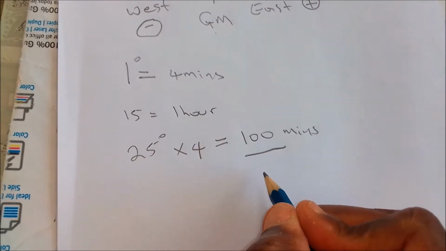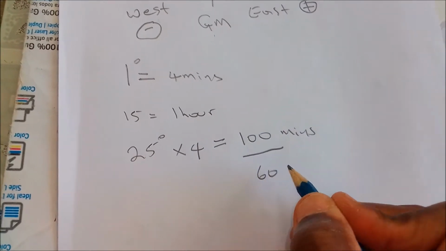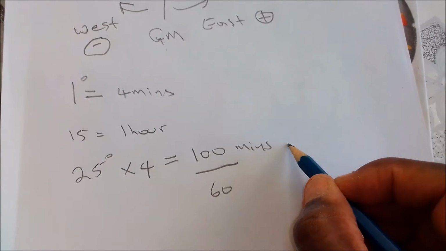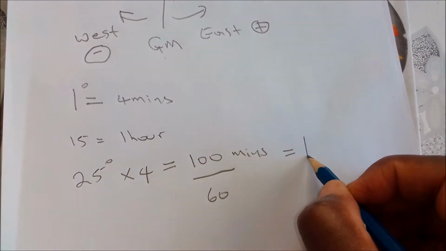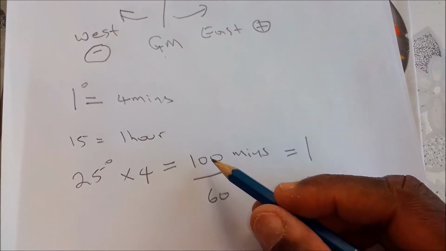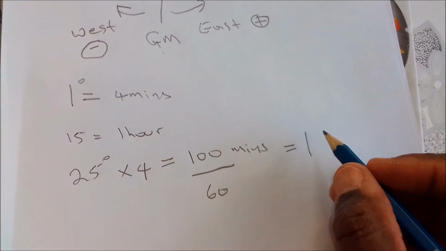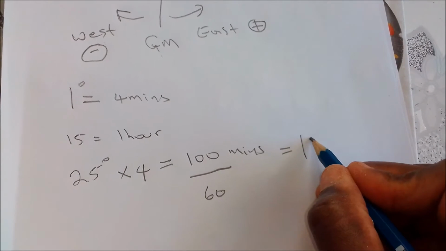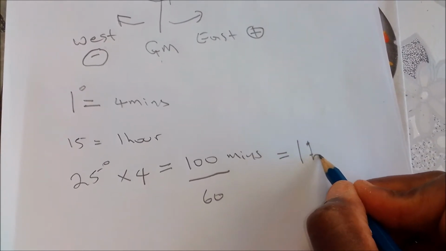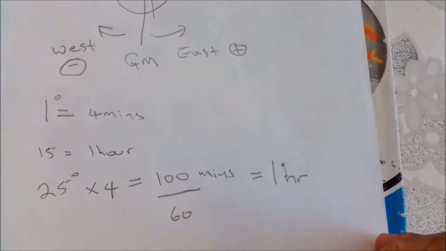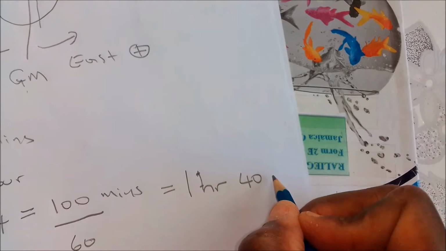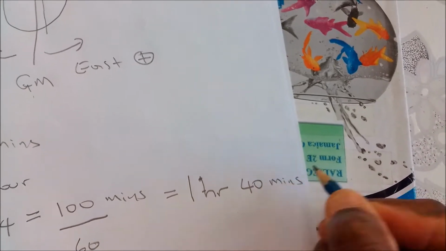We know that 60 minutes make 1 hour. 60 into 100 goes one time, remainder 40. So it will be 1 hour, and we have 40 minutes left. 40 minutes cannot make an hour, so you have 1 hour 40 minutes.